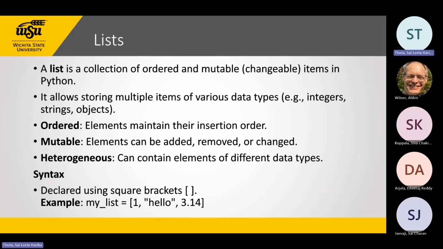And we can also add other data types, like you can mention apple, 10, and next mango, 20. So you can mention any data types in order in a list. And next, mutable. Yes, once you declare a list, you can change any value in the list. And coming to the syntax, I will explain it in the code.